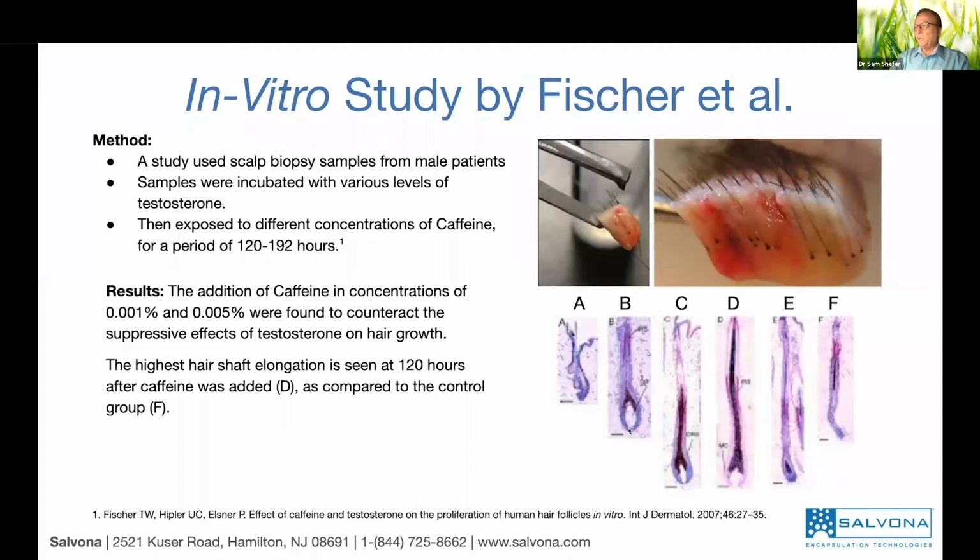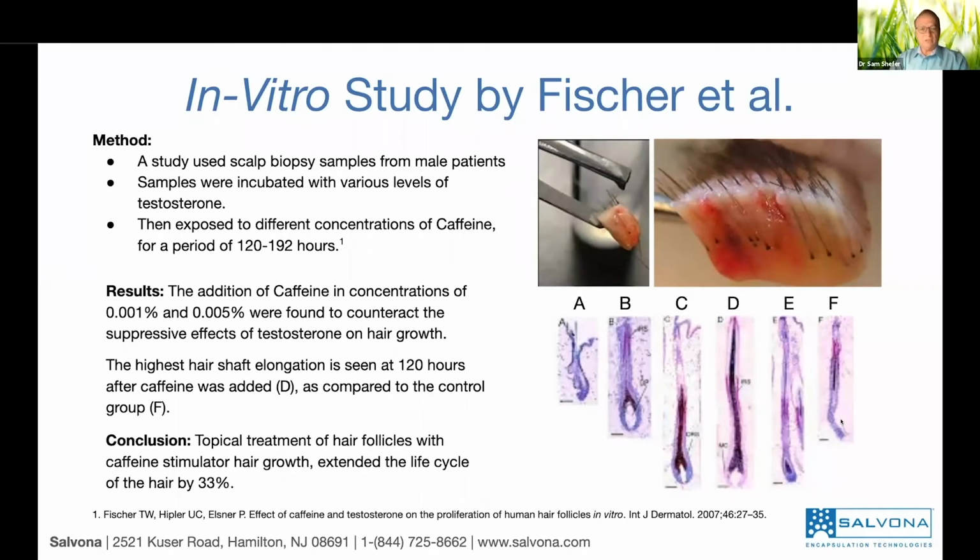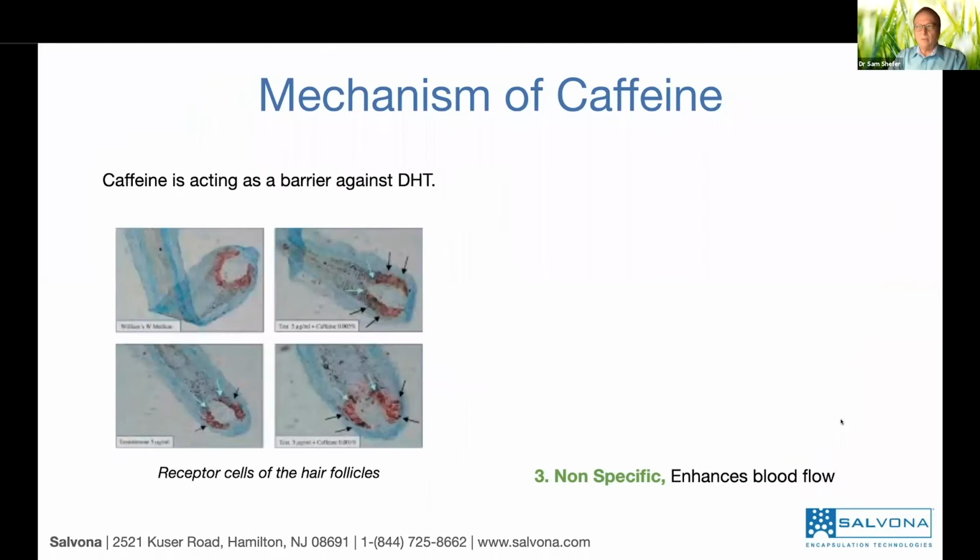When you expose it to caffeine, you see the elongation in C, and more elongation over time in D. However, if you don't, you see a miniaturizing effect, and in F it's totally detached. From this research they concluded that topical treatment of hair follicles with caffeine stimulates hair growth, and it extended the life cycle of the hair by 33%. So this is a significant accomplishment.